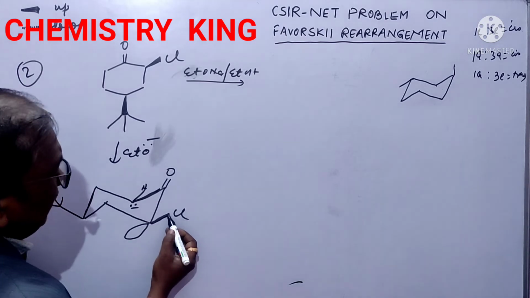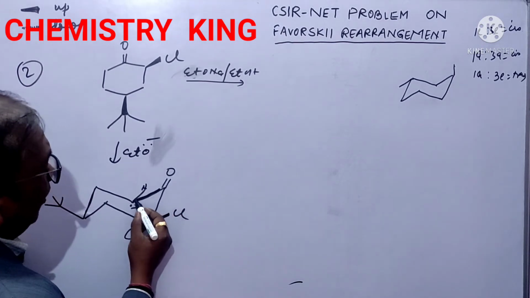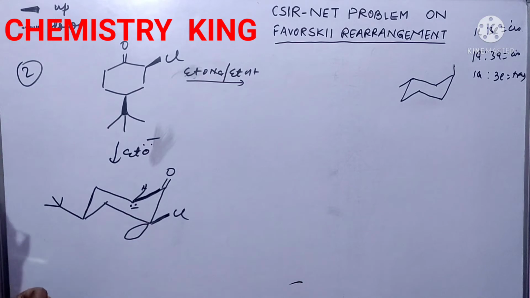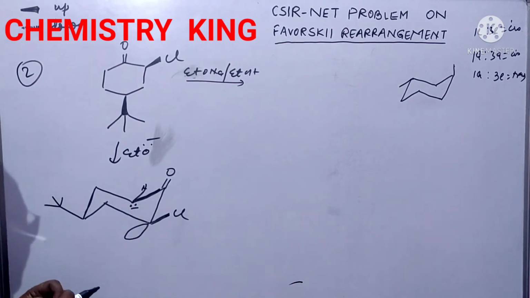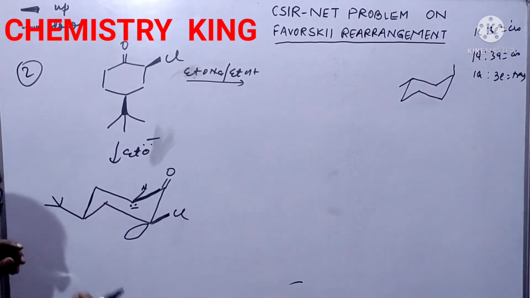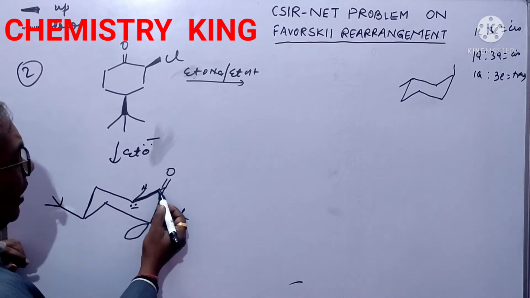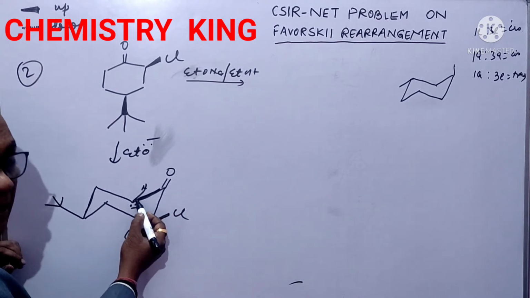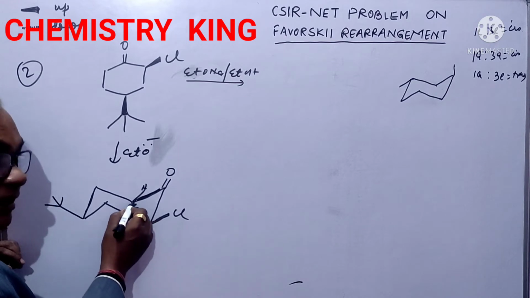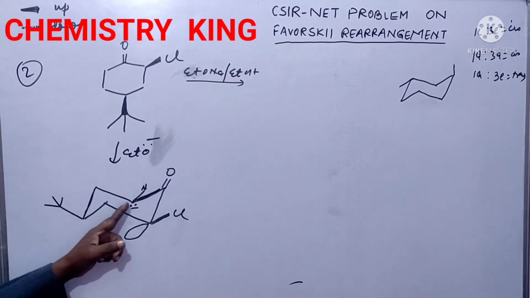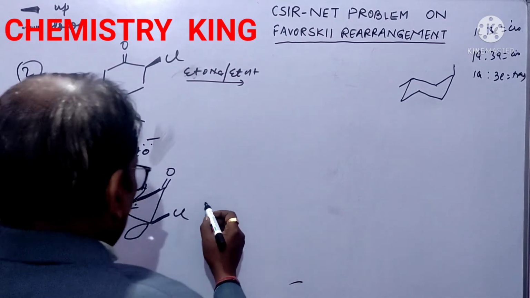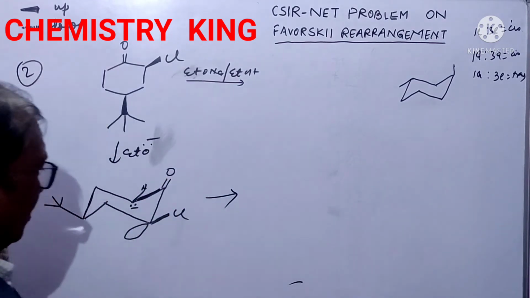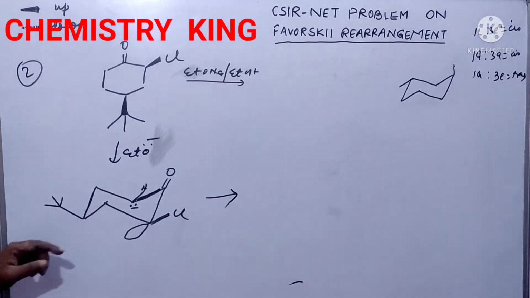Friend, this is the leaving group, this bond and this bond. Although this bond doesn't break, actually this carbon-hydrogen bond breaks, even then we say this bond and this bond are anti-periplanar, so the atoms attached with this bond will be near to this sigma star. So elimination will take place. Okay?